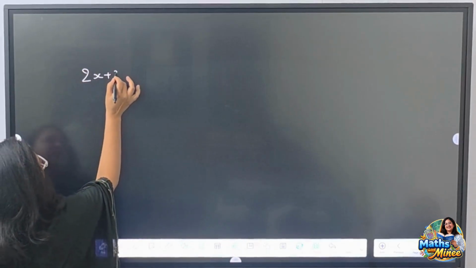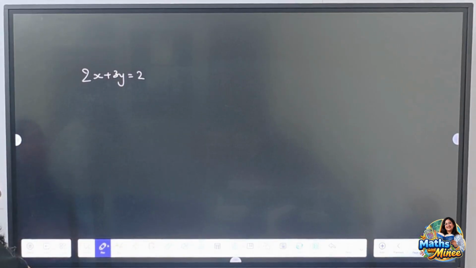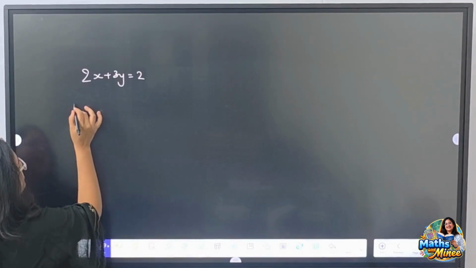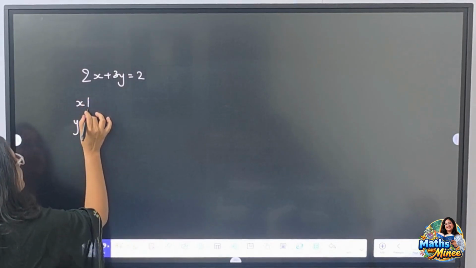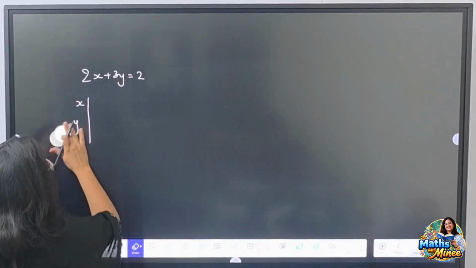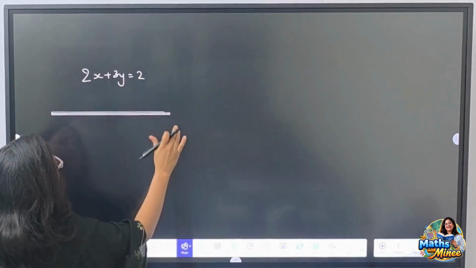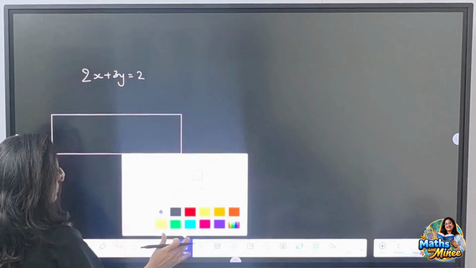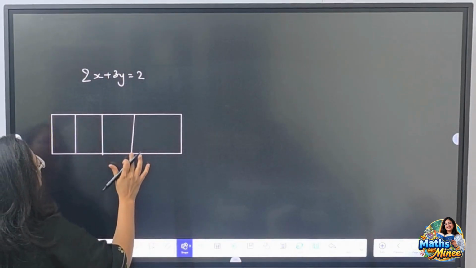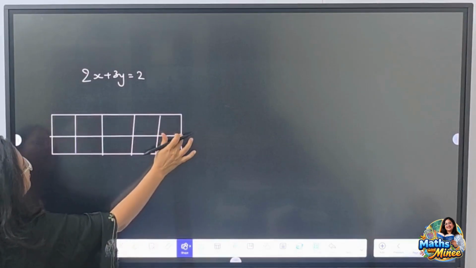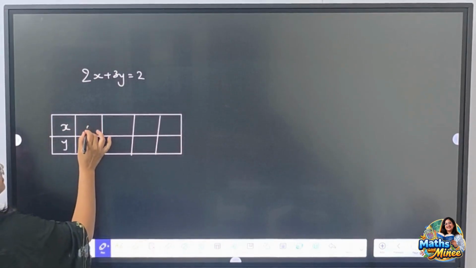2x plus 3y is equal to 2, right? Now if you want to represent over here, so I can just write if x is equal to x and y, now when you are taking x and y, let us take the value of x as 0.